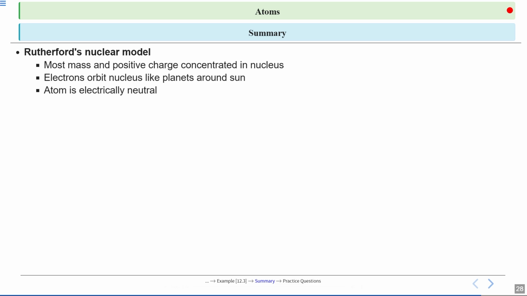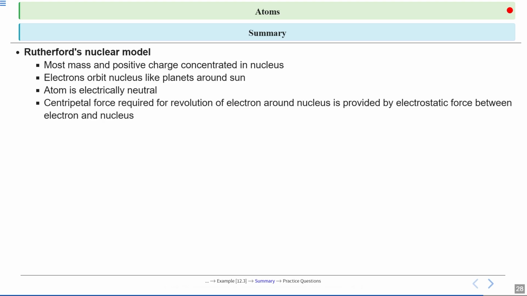This means the total positive charge in the nucleus is exactly balanced by the total negative charge of the electrons. The electrons are kept in their orbits by a centripetal force provided by the electrostatic attraction between the negatively charged electrons and the positively charged nucleus. This is similar to how gravity keeps the planets in orbit, but here it's electric force doing this job.